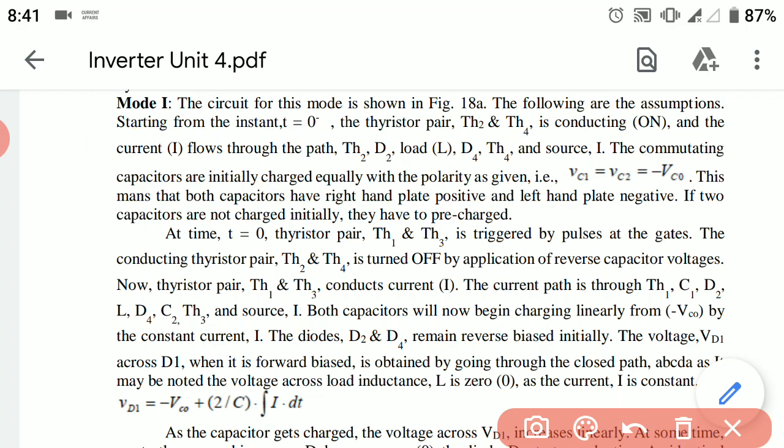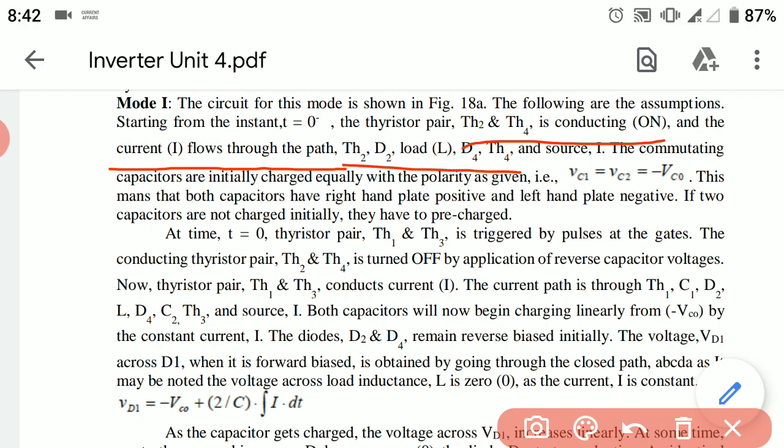In mode 1, we have to make the following assumption, and before this we have a time instant t equal to 0 minus. That is, at time instant t equal to 0 minus, the thyristor TH2 and TH4 are conductive, and the current flows through the path TH2, D2, load, D4 and TH4.